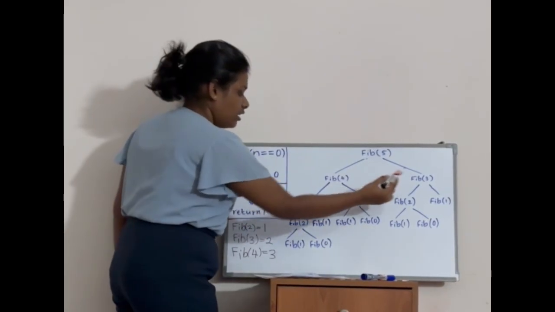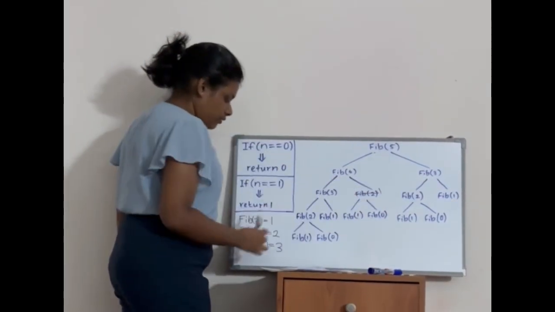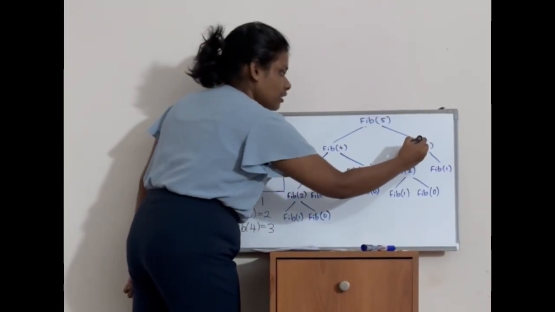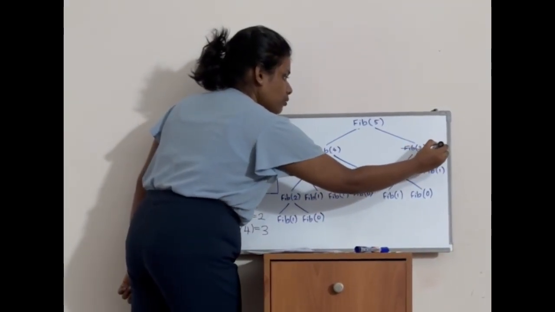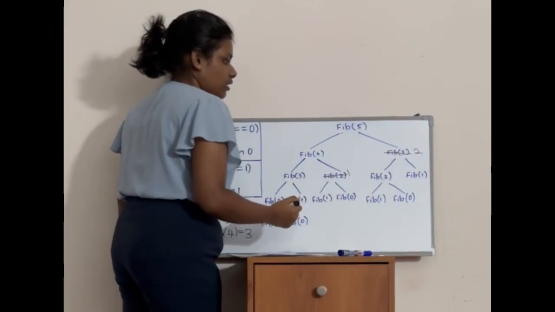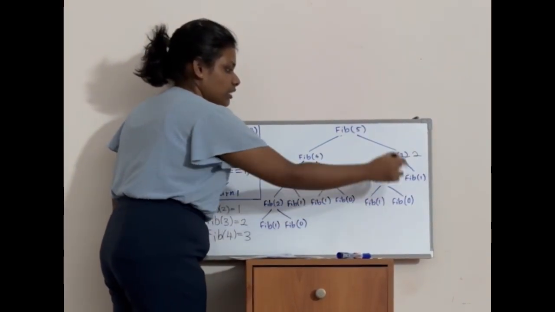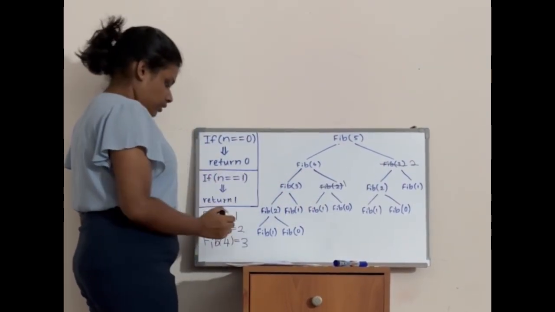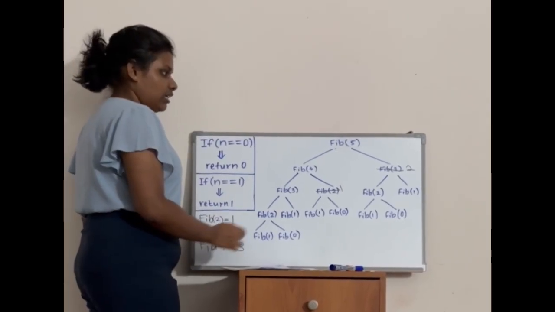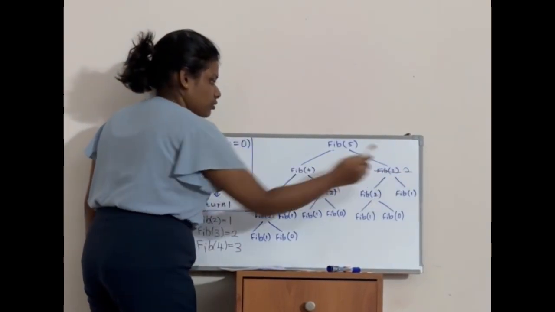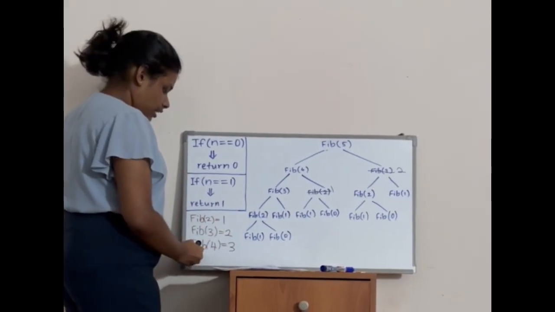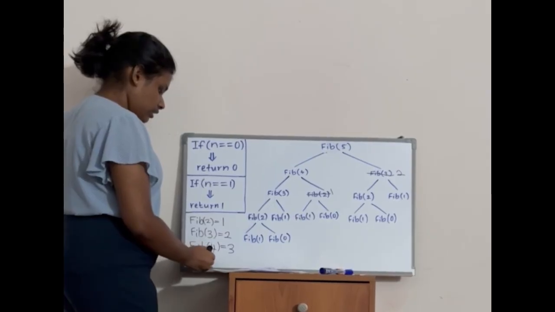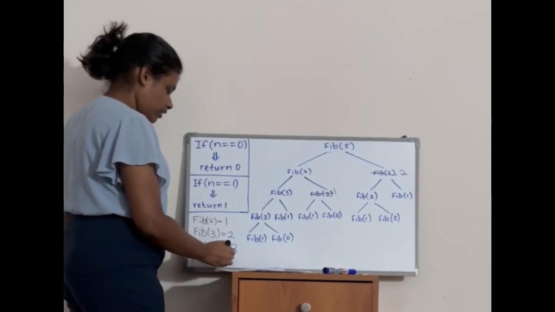And here again you can see we have already found the value of fib 3 as 2. So we can apply 2 here instead of solving this subtree, and fib 4 equals 3 and fib 3 equals 2, which add up to 5, and it is the answer of fib 5.